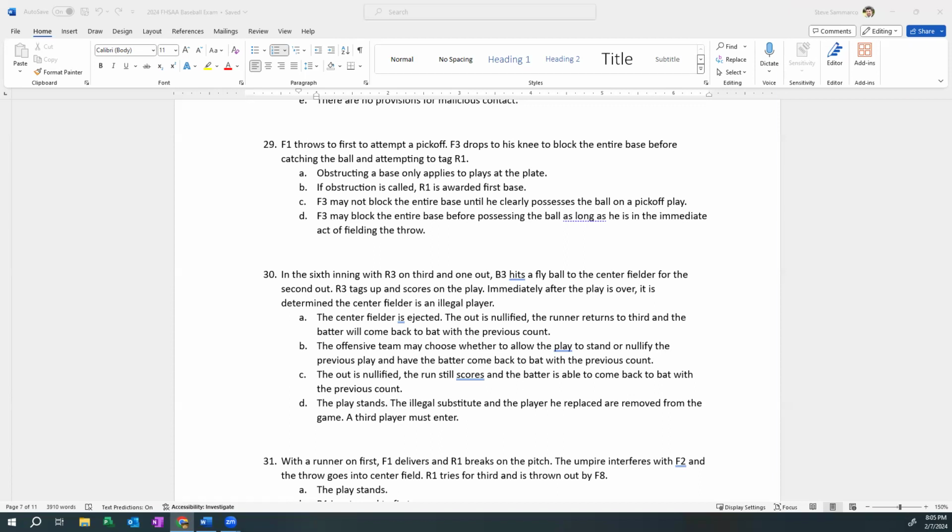But now if the throw takes him up the third baseline a little bit. I do not care about the throw. There is nothing in the book that says the throw can take him up the base. That is not in the high school rule book. It is in other rule books, not in high school. If there is contact between a fielder and a runner, you must have interference or obstruction.